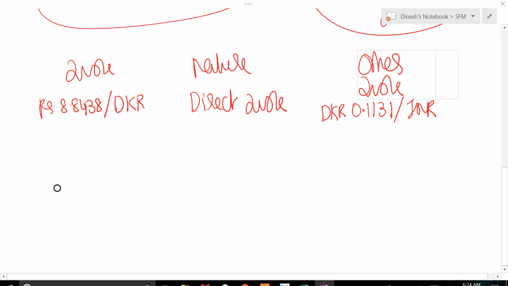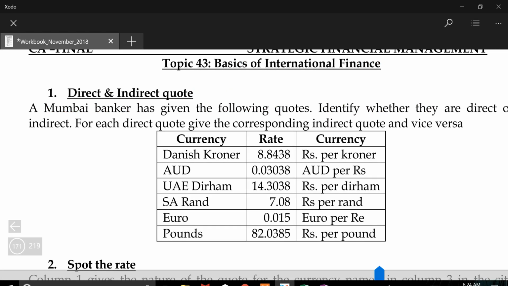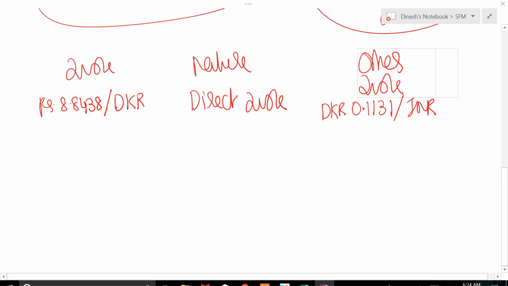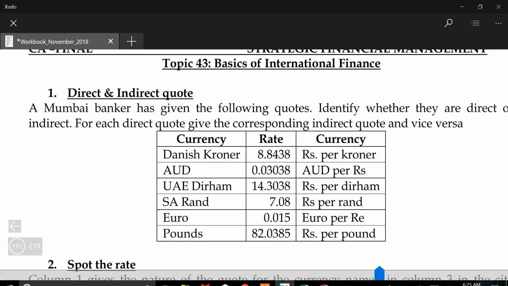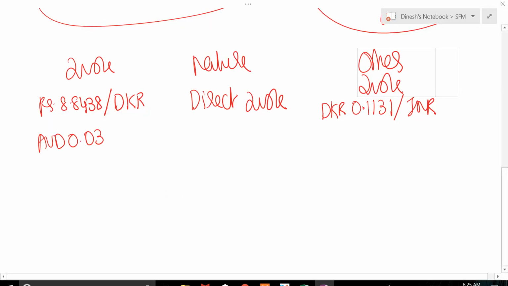What's the second quote given in the question? AUD 0.03038 per INR. Direct or indirect for India? Indirect.